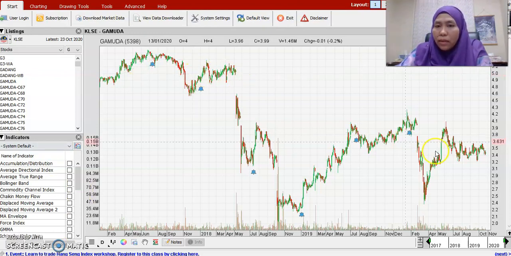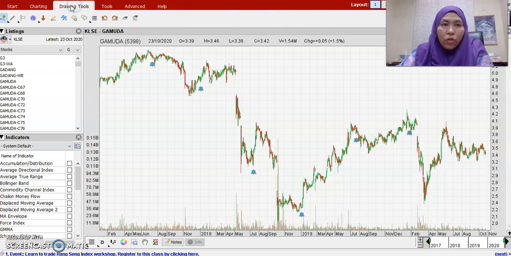As we can see here, this is the chart for Gamuda for the duration from February 2017 until today, October 2020. So the duration is about 3 years. Okay, let us draw the line by connecting.